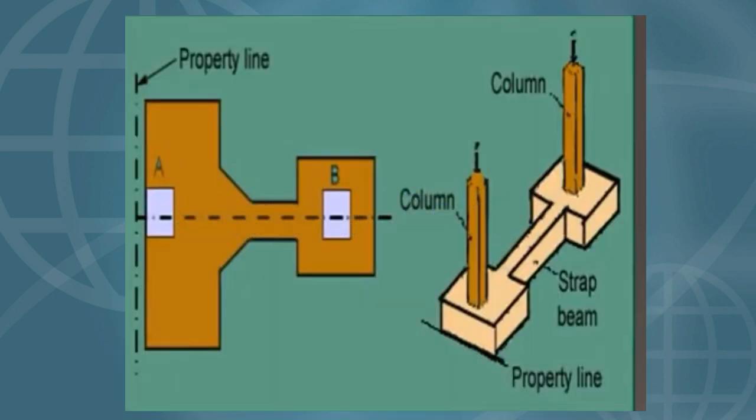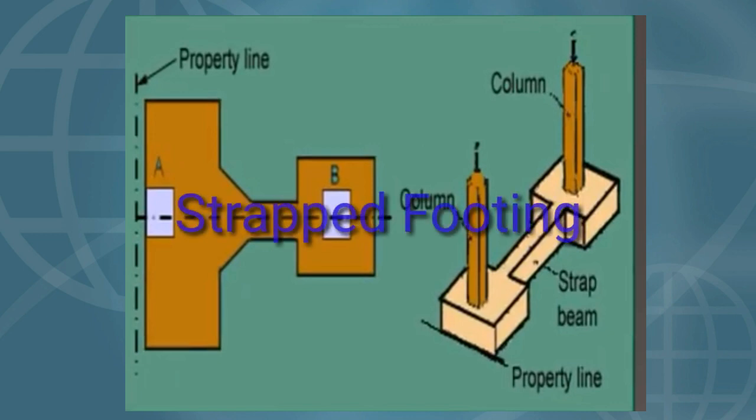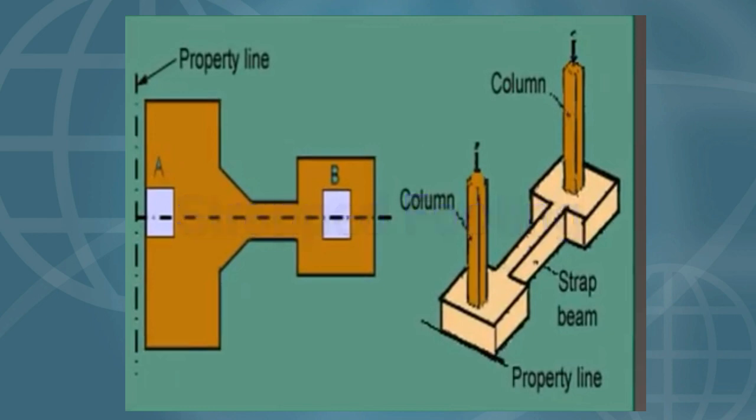Okay, this is stepped footing. In this type of footing, the outer or inner column is connected by a stepped beam. So this type of footing we are calling stepped footings. So it doesn't transfer any load to the soil.